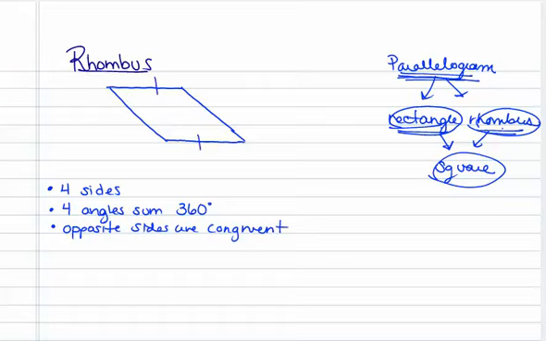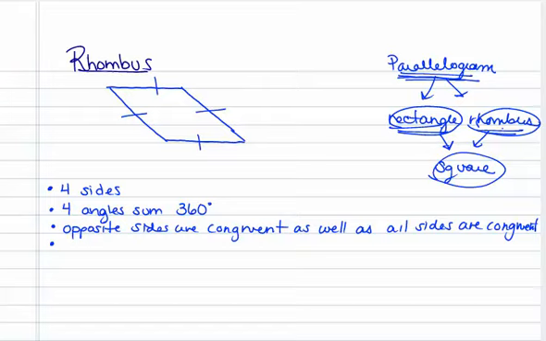But what's special about rhombus is that these two are also the same length, as well as all sides are congruent.